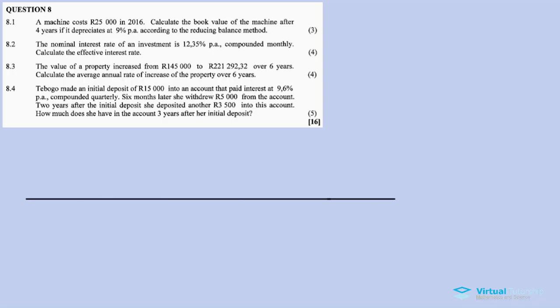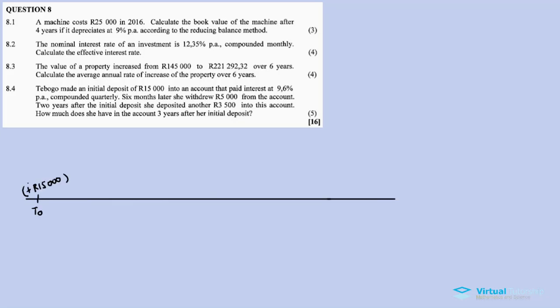So now a timeline here too, right? There's nothing yet, but sizoyi fill in as we read. Tebogo made an initial deposit of 15,000 rand into the account that paid an interest at 9.6% per annum compounded quarterly. So this is what's happening here.